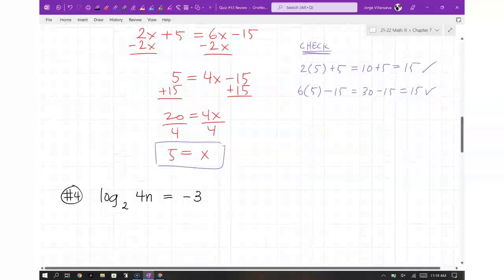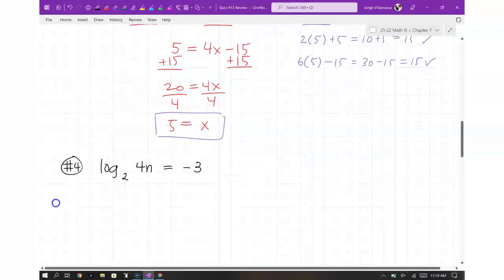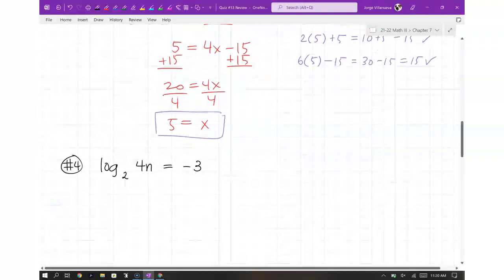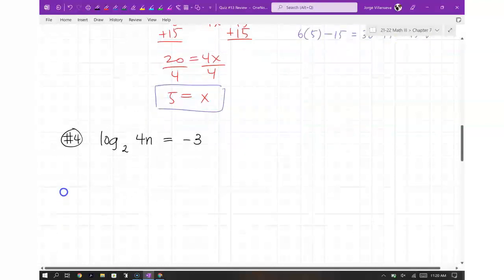All right, so let's look at question number 4. So I'm going to move it just a little bit more. I know some of you guys were trying to get the answer at the very bottom, so I'll leave it there. Log base 2 of 4n equals negative 3. Now you'll notice, obviously for this problem, there is no log base 2 on the right side. So let's put one there.